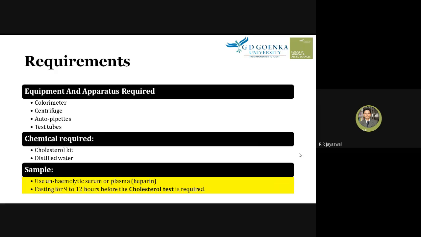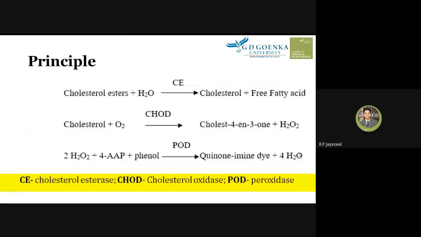Before collecting the sample, fasting for 9 to 12 hours before the cholesterol test is required. So fasting samples will be preferred. We should ask the patient to report to the lab in the early morning after overnight fasting. So fasting samples should be preferred.